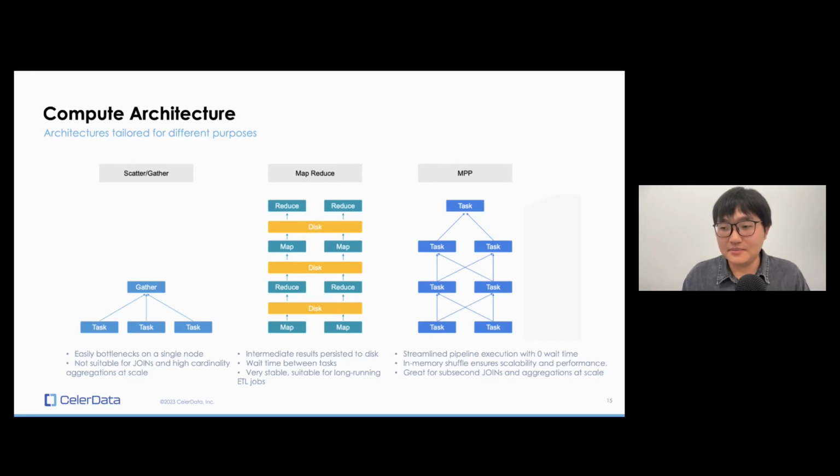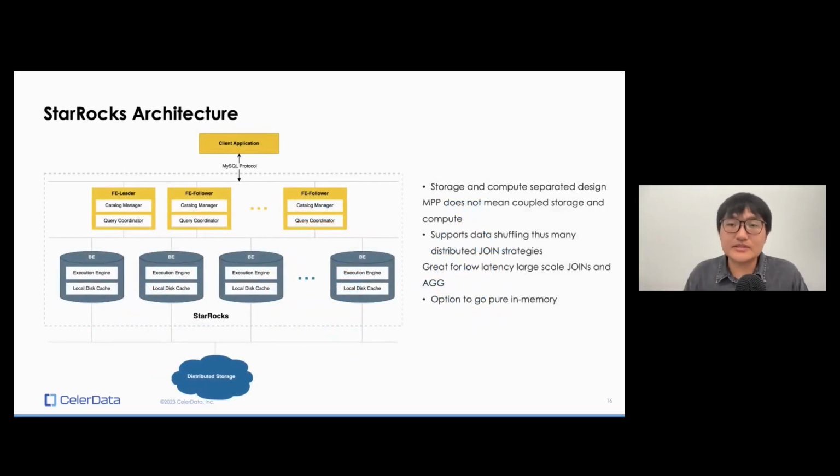Because it uses a pipeline execution framework, every time a query hits the database, it creates a DAG, a tree-like graph with all of the tasks on it, and all of the tasks can run at the same time. This architecture is what StarRocks is based on, and it's great for sub-second joins and aggregation at scale.